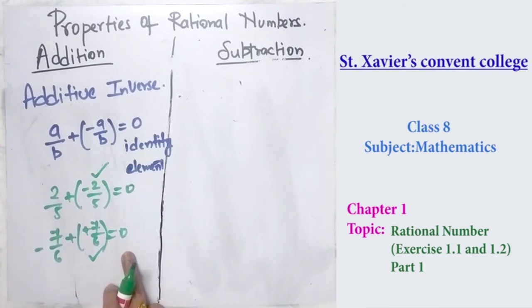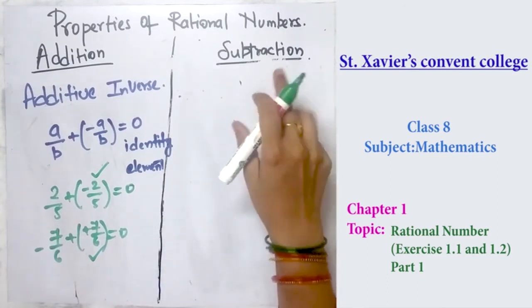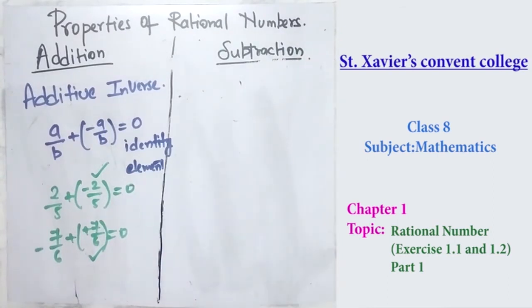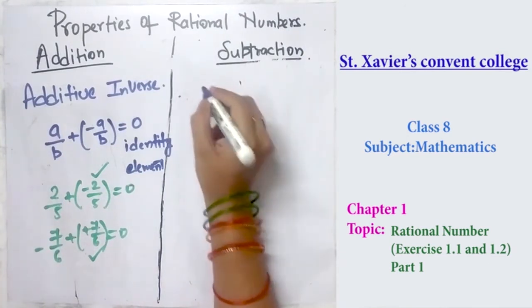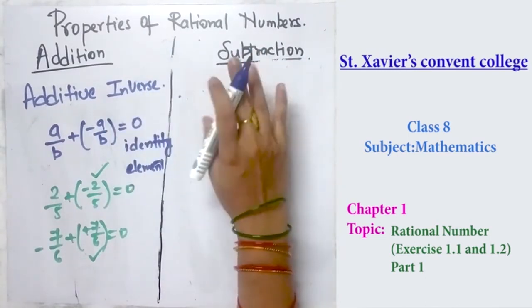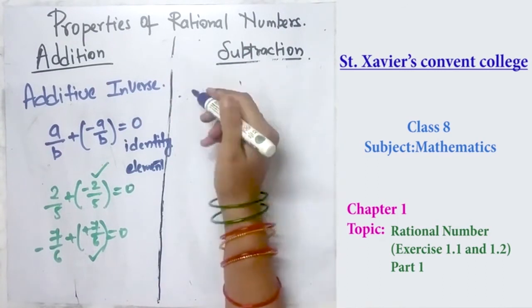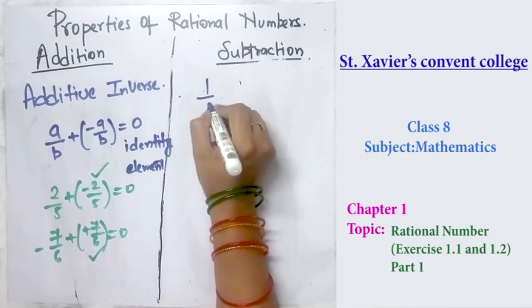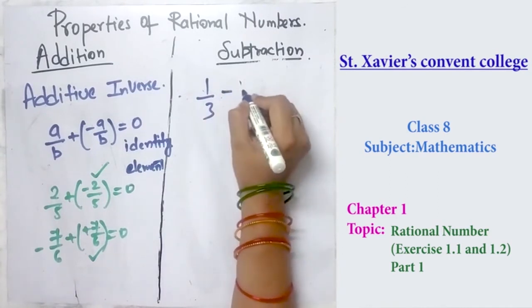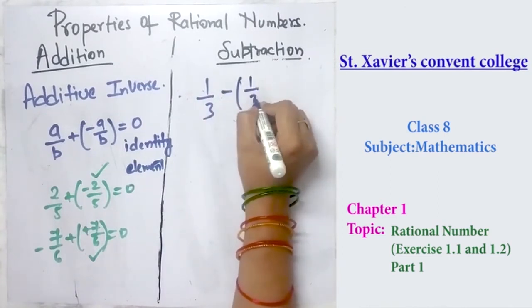While in subtraction, why does subtraction not hold for the additive inverse, or have an inverse element? The reason is that it would get a minus sign. Suppose, just supposing, because the additive inverse is not possible here, we discuss it with an example. I have taken 1 upon 3 minus 1 upon 3.